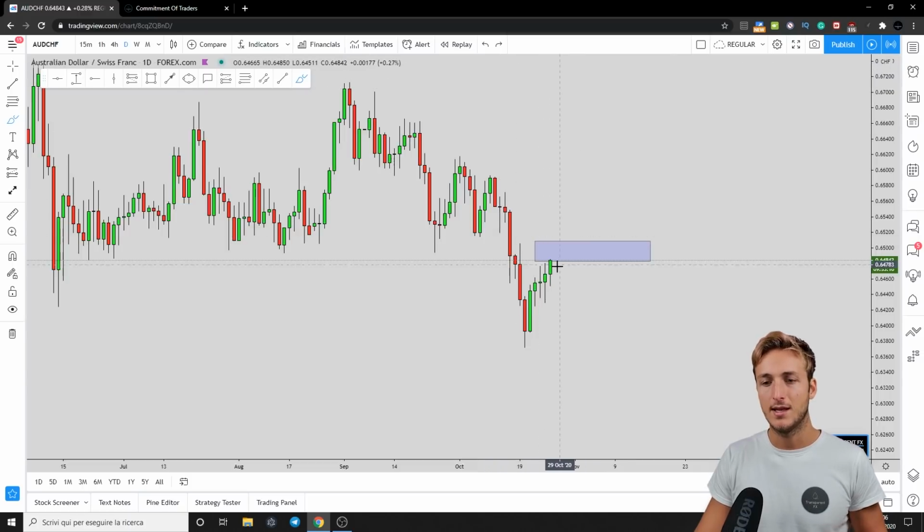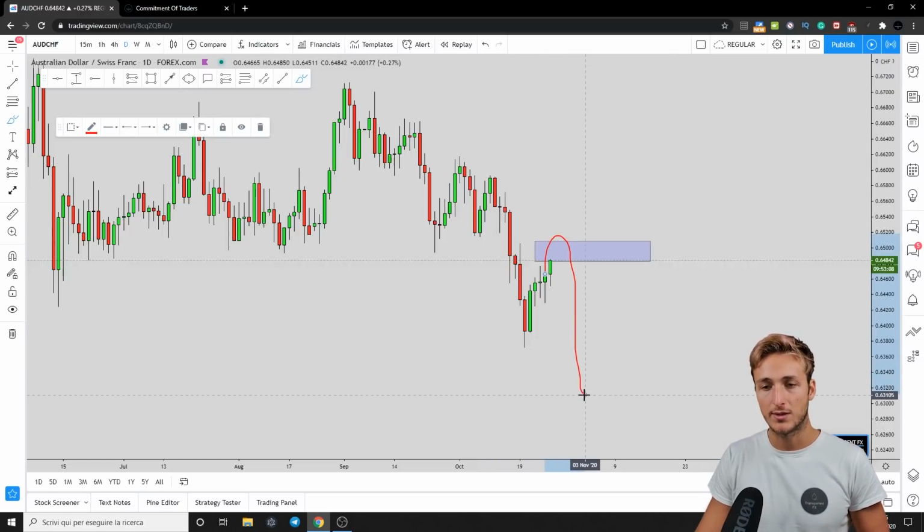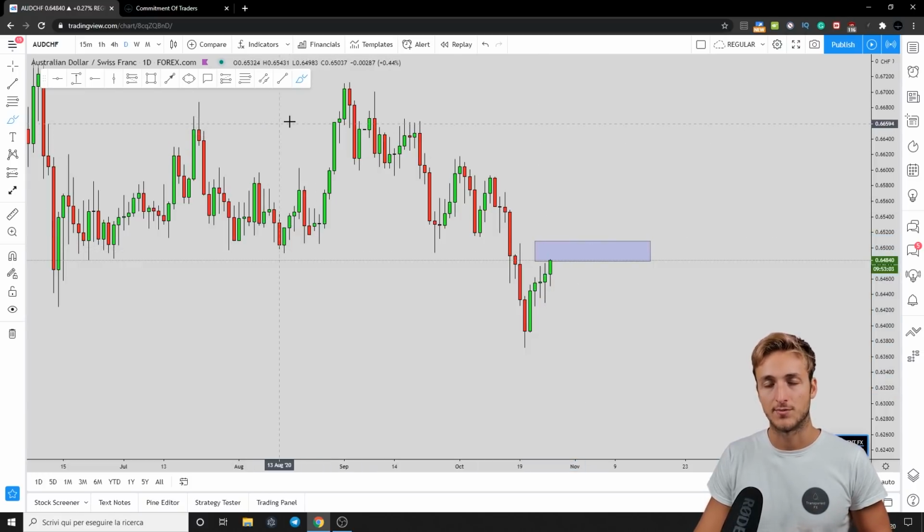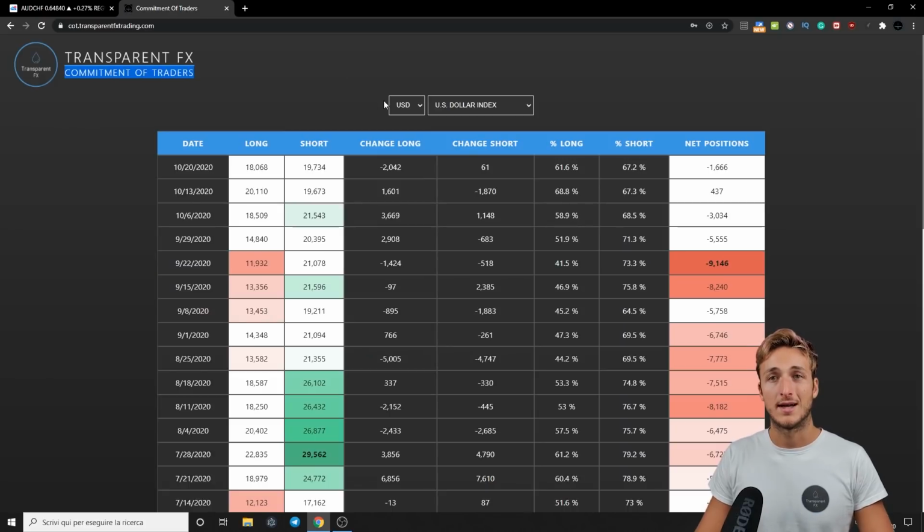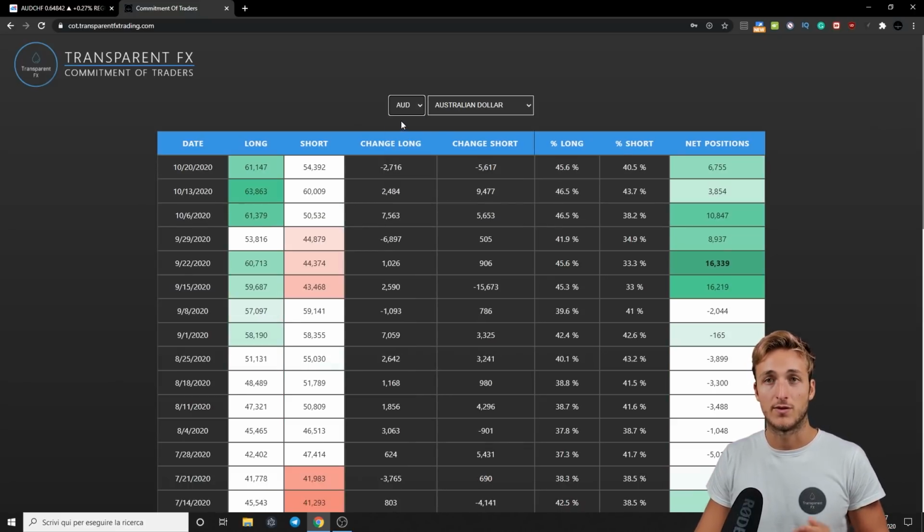Monthly, weekly, and daily are showing a possible continuation to the downside after a little bit more retracement to the upside. Let's go and see what we have from a COT perspective, so commitment of traders, to see what hedge funds are currently doing on these two pairs, so on the AUD and on the CHF, actually these two currencies, the AUD and the CHF.